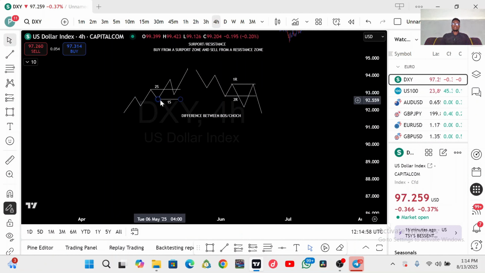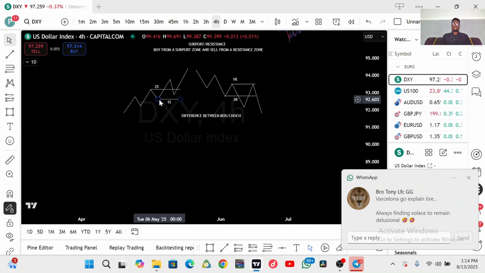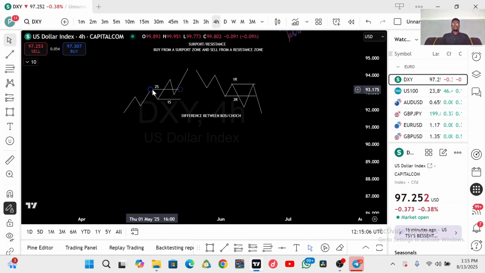Now we said the previous protected low, we call it what? 1x. And we said the old high that got broken, that ought to be retested along the line, we'll call it what? Second support. That is 2x. Now we said from 2x to 1x, that is our support zone.